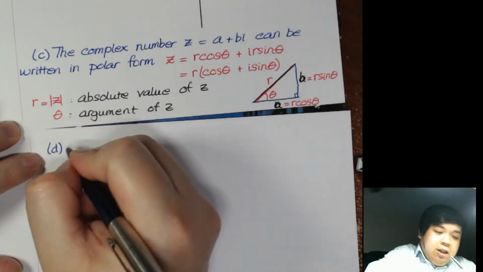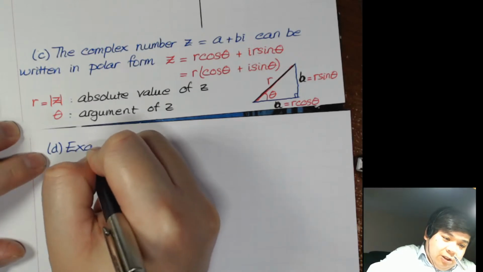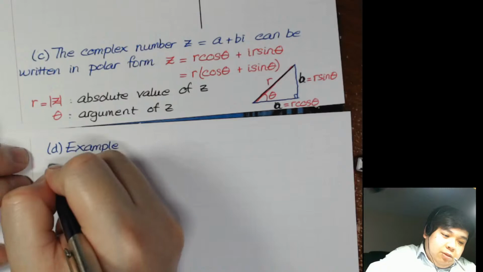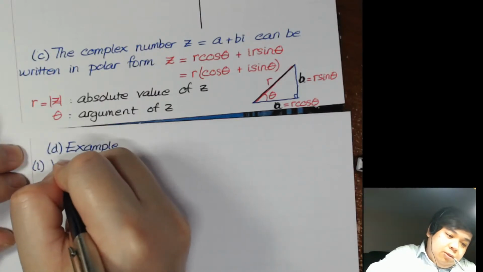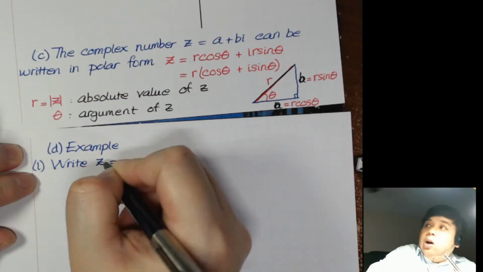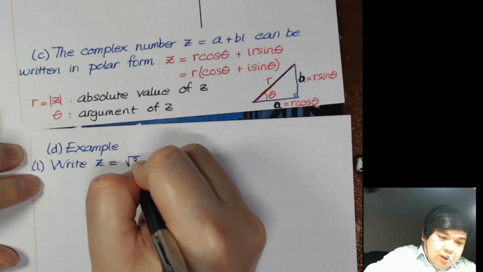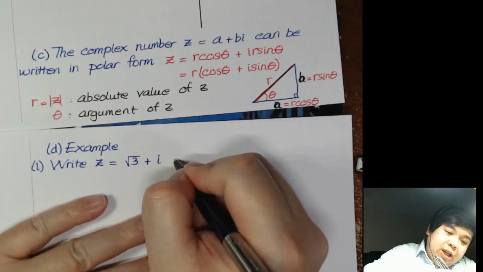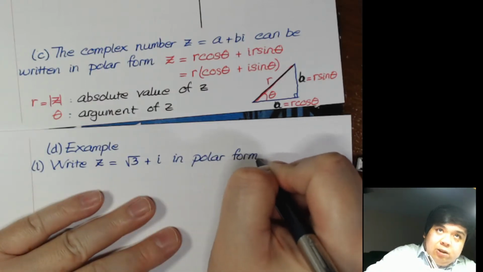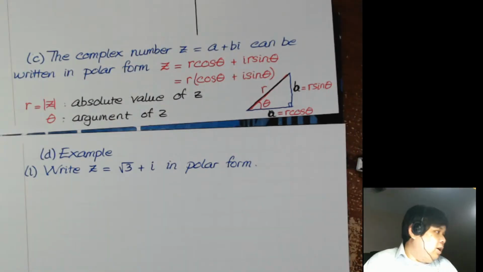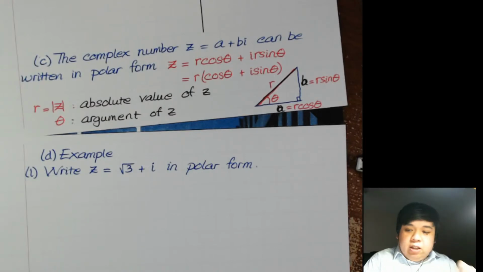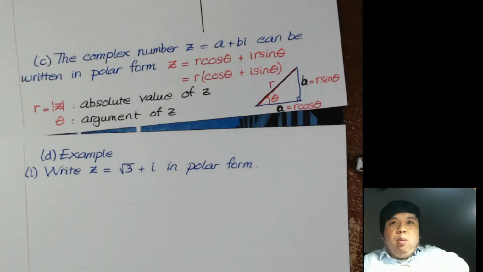Right. D. Example. Write z equals square root of 3 plus i in polar form. Now it's very important that this kind of problem is very similar to the polar coordinates we did earlier.